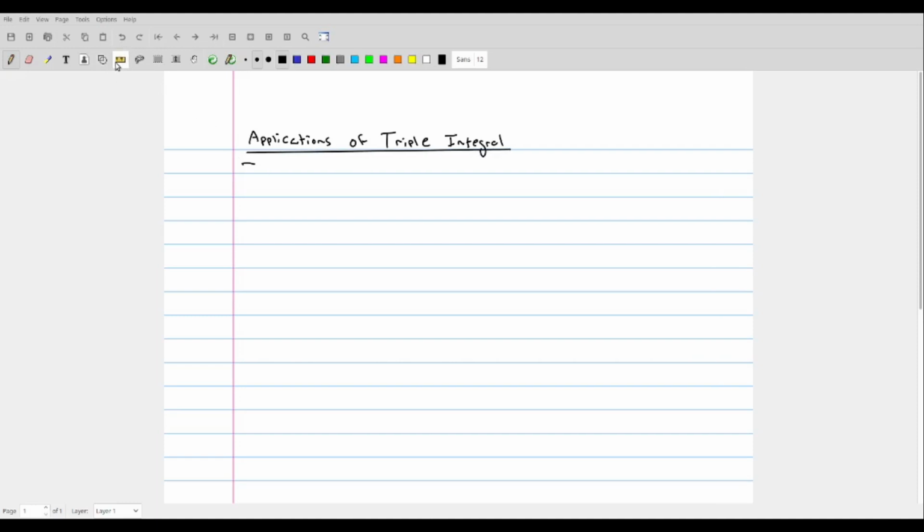Specifically, we'll be talking about calculating total mass or total charge, so total electric charge, given a density function.